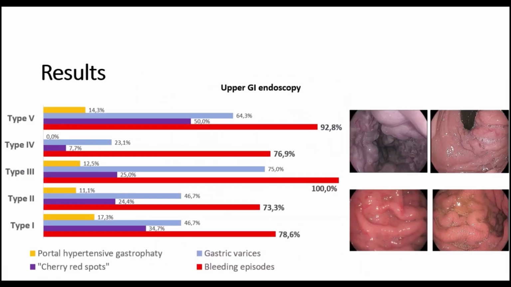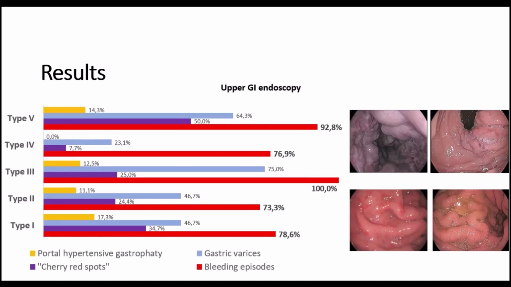According to upper GI endoscopy, children with type 3 and type 5 patterns had the highest incidence of GI bleeding episodes. These children also had a higher incidence of gastric varices, whereas children with mesenteric vein thrombosis, the type 4 pattern, never had portal hypertensive gastropathy, and they had a lower incidence of gastric varices.